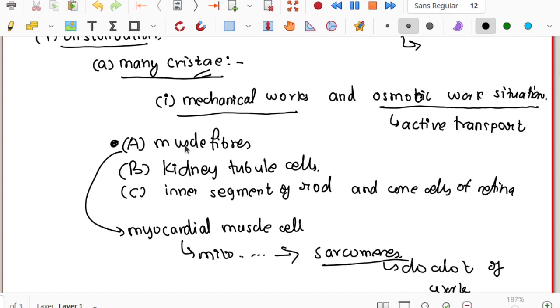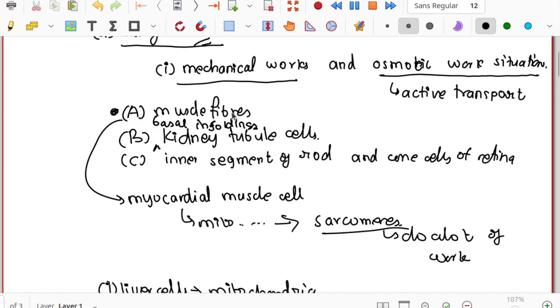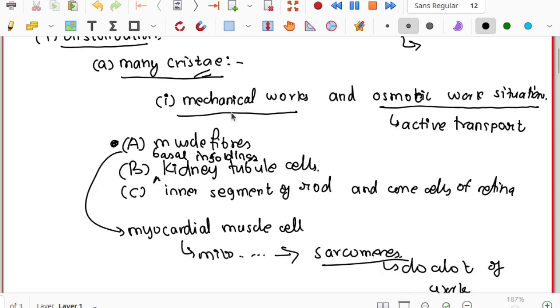So whichever cells have a lot of work, that is muscle fibers, then the basal infolding of kidney tubule cells. Not only kidney but basal infoldings, and the inner segment of rod and cone cells of the retina, and many more. So they require the presence of a lot of cristae for a lot of ATP synthesis to do a lot of work.